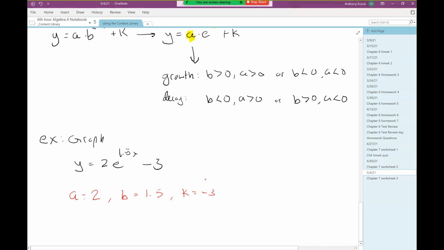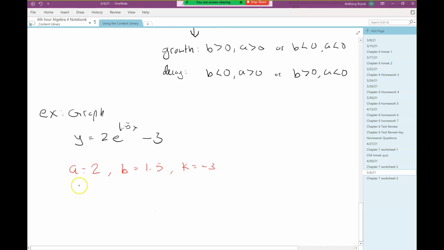That's an X. And since the A is positive and the B is positive, we know that this is growth, just using the rule that I wrote down a moment ago.